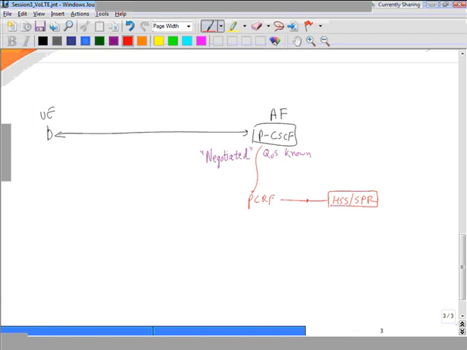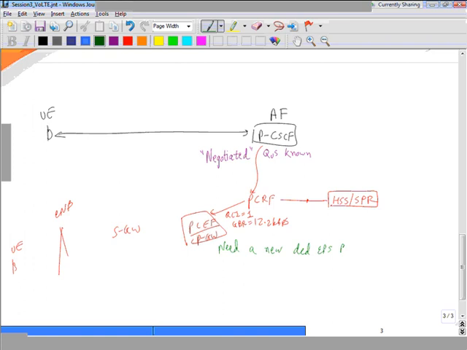Assuming that everything is okay, it will ask the enforcement function PGW that I need QCI1, I need guaranteed bitrate, this is a voice or IP call, and then we have other entities. So PGW says, oh, I need a new dedicated EPS bearer because the existing bearers cannot meet this kind of QoS requirements.